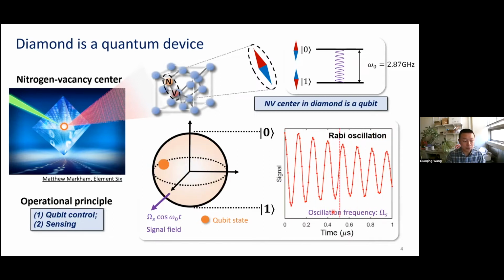From the oscillation frequency, we can extract what's the amplitude of the signal field. And this is the basic principle of quantum sensing we will introduce in the following projects. And the same Rabi oscillation protocol is also used for control the qubit state. When you apply such an external field, you can let the qubit evolve to any arbitrary state you want.